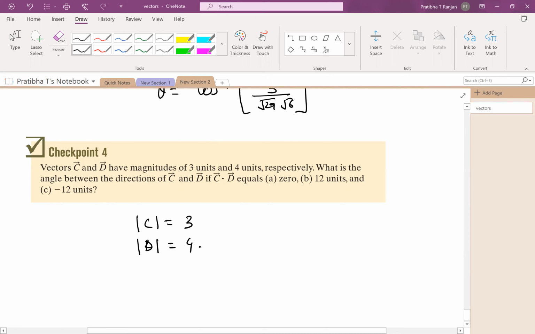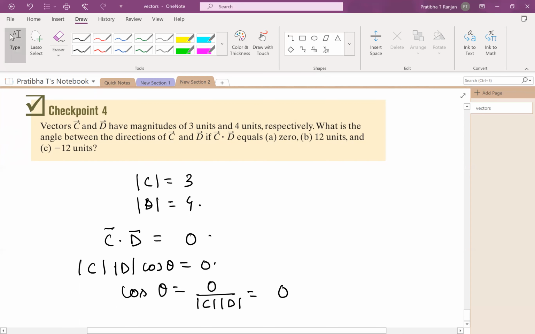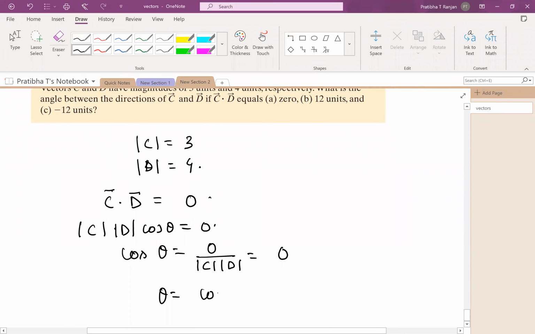And what is the angle between the directions if C dot D equals 0? So C dot D equals 0, right? So it's basically C D cos theta equals 0, and cos theta equals 0 over the magnitudes of C and D, that is 0. So theta will be cos inverse 0, that is equal to 0 degrees.